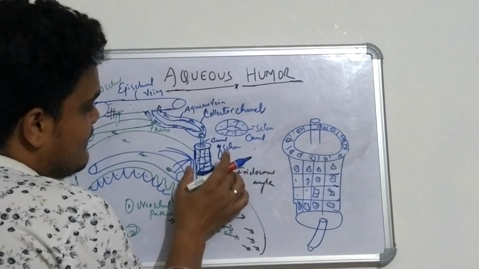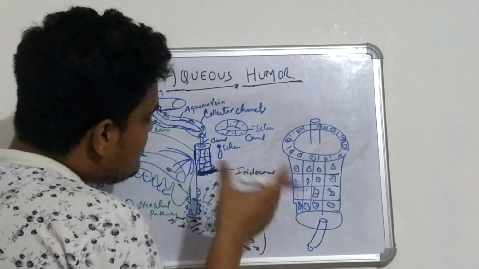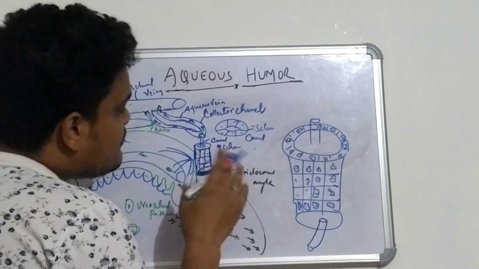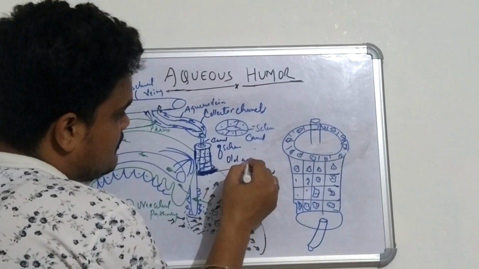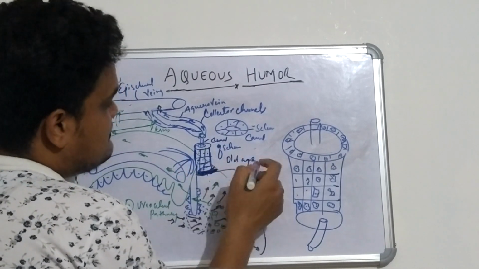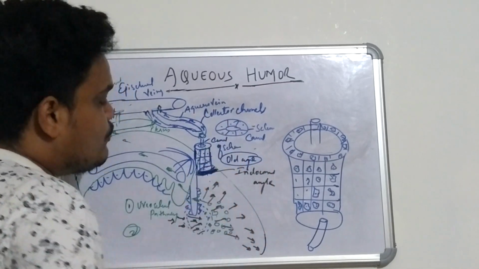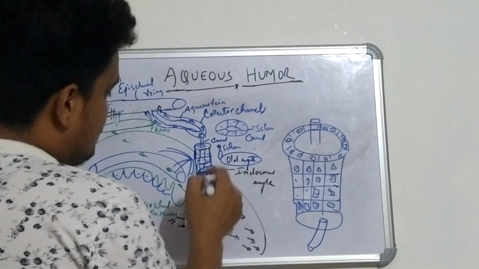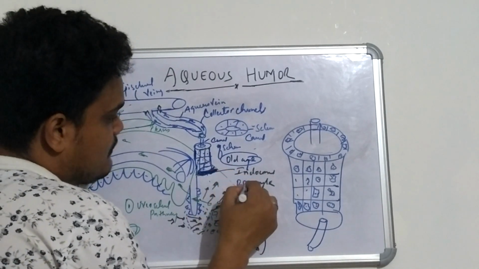And this trabecular meshwork also gets sclerosed and fibrosed in old age patients. This mesh-like structure gets fibrosed and sclerosed in the old age patient, which will also lead to obstruction, which is called primary open angle glaucoma.